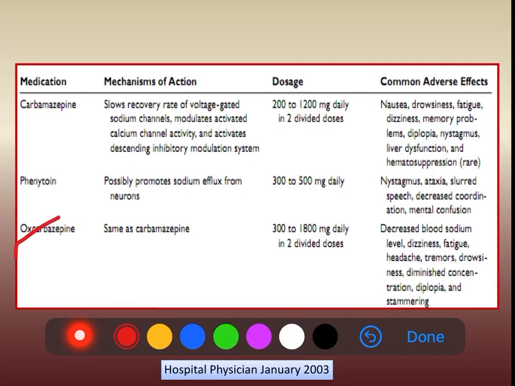Though these are anticonvulsant drugs, they act on the voltage-gated sodium channels, because of which they have been given in trigeminal neuralgia. This has less bone marrow suppression, so oxcarbazepine is now given more when compared to carbamazepine. It is now more commonly given as the drug of choice. Both are almost the same. So, these are the dosages. If the oral medicine students can write, it will be useful for you. You can just keep this small box and write.